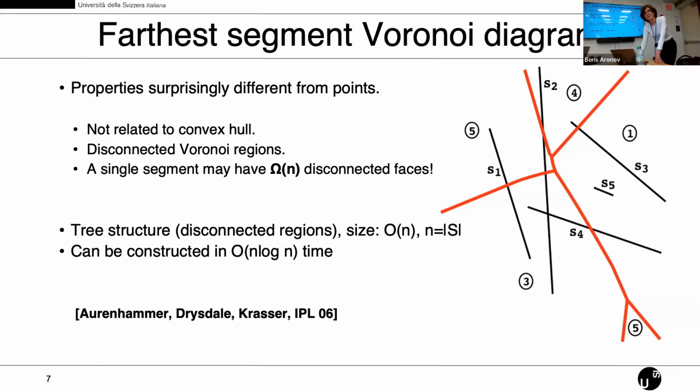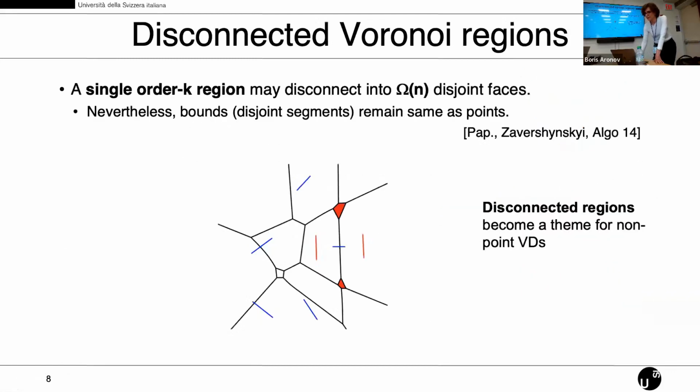It has linear size in the number of segments and can be constructed efficiently. Similarly, for order-k Voronoi regions, a single order-k Voronoi region may disconnect into Omega(n) disjoint faces. Nevertheless, the bounds remain the same as with points. So it seems disconnected regions become a theme when you are dealing with non-point Voronoi diagrams.